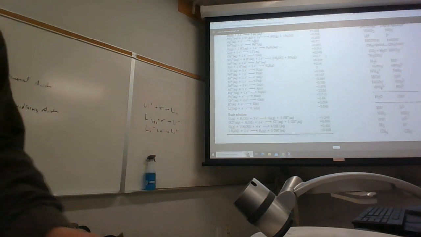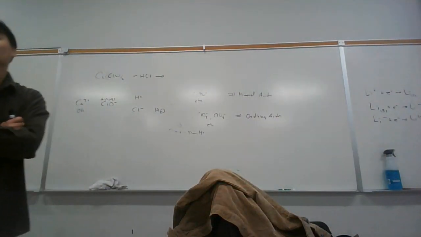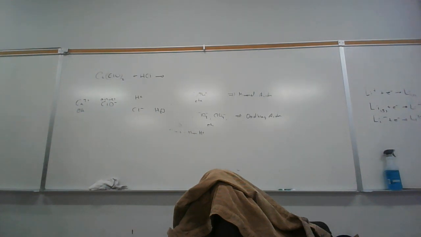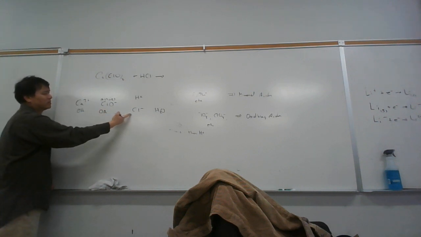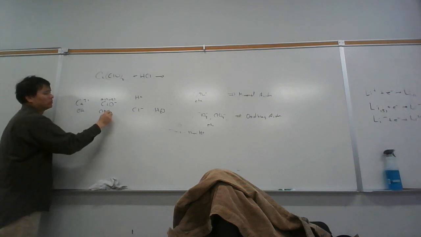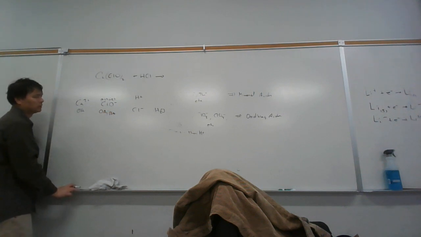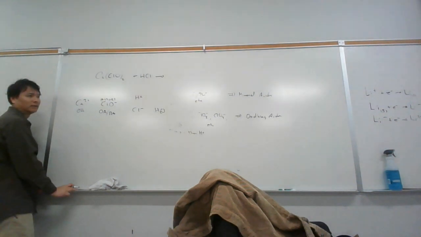What would be worse is the chlorite. And what would be worse than chlorite? Chlorate. And what would be worse than chlorate? Perchlorate. And so this is both an oxidizer because it would like to go to chloride, which is happy, and also a reducer because it can get worse. What's the limit? Perchlorate.